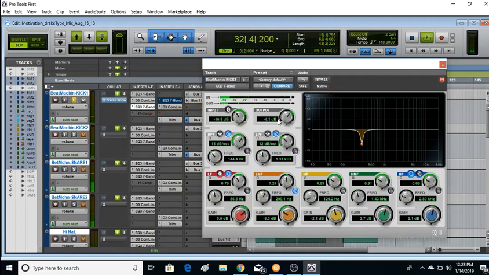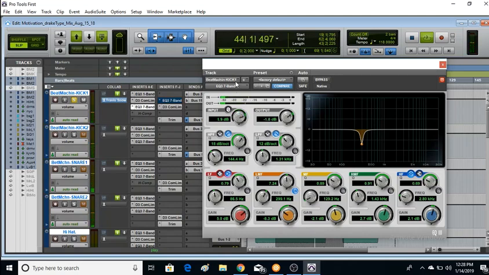Why would these two functions be important? Well, it's really a good idea to make sure you always have appropriate levels and you're not too hot or too low going through your signal chain. So if I work on some stuff and I take too much off, I can add some to make sure I'm going into the next unit with at least as much as I had in this unit, and vice versa.